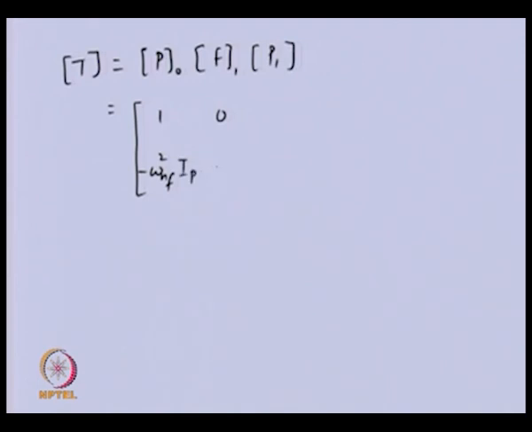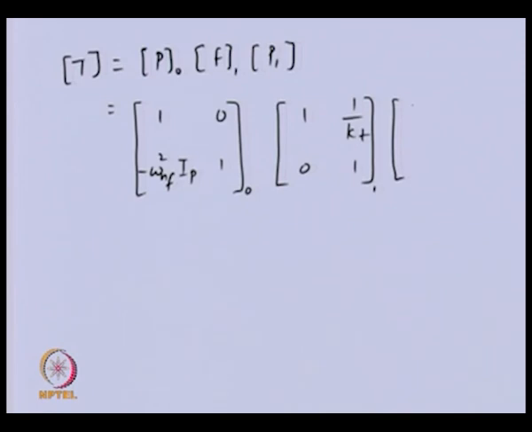So this is the point matrix for 0 station. The field matrix has this form for shaft 1.